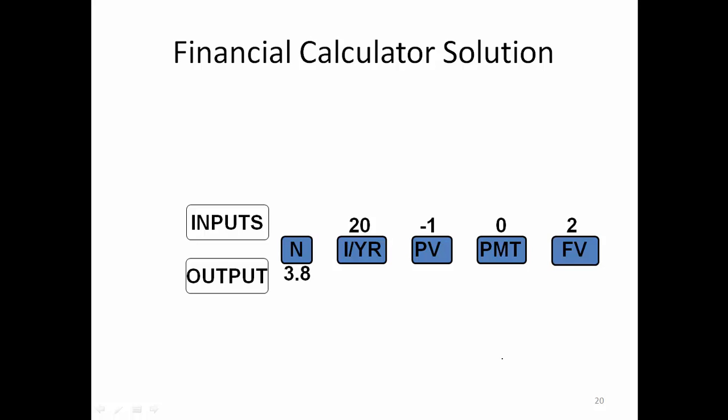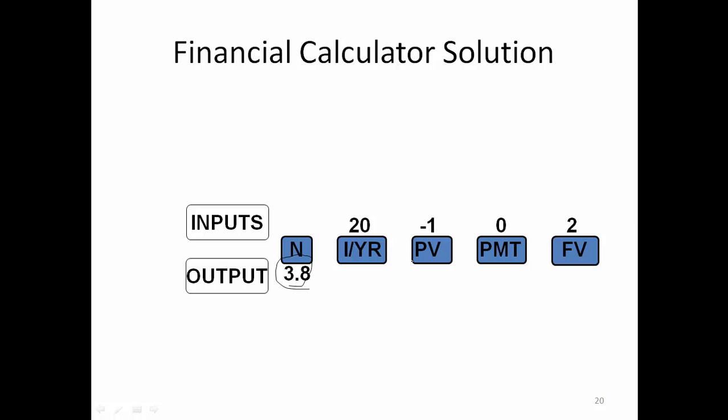But using a financial calculator could make it a little bit easier and faster. What we need to do is put -1 as present value and +2 as future value, 20% interest rate, and compute for n, because n is the result we are looking for. You notice that between present value and future value, one number is negative and the other number is positive.